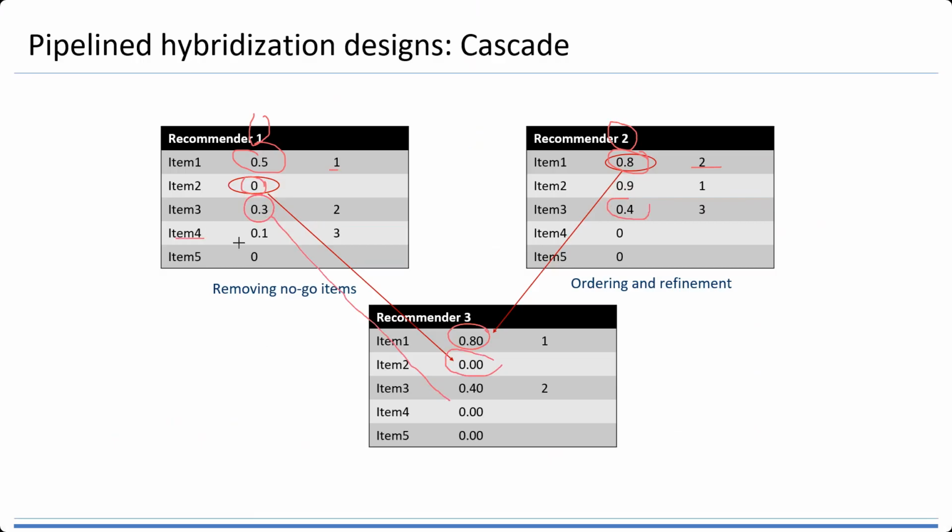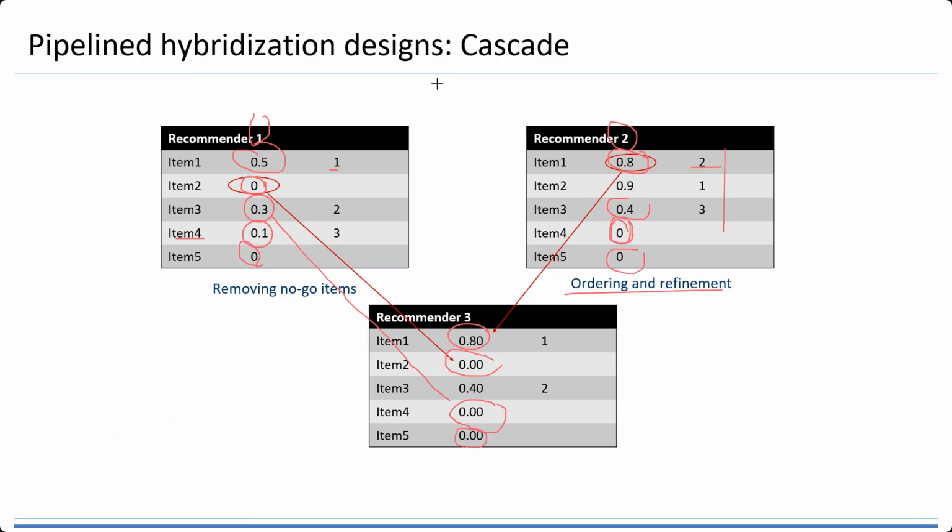For item 4, we have 0.1, we still have a value, but here we don't have any value. Because it is 0, we call this ordering and refinement. So we refine according to this order and we get 0 here. Then just make it 0. And this one is 0 and 0. Of course, this is not important.